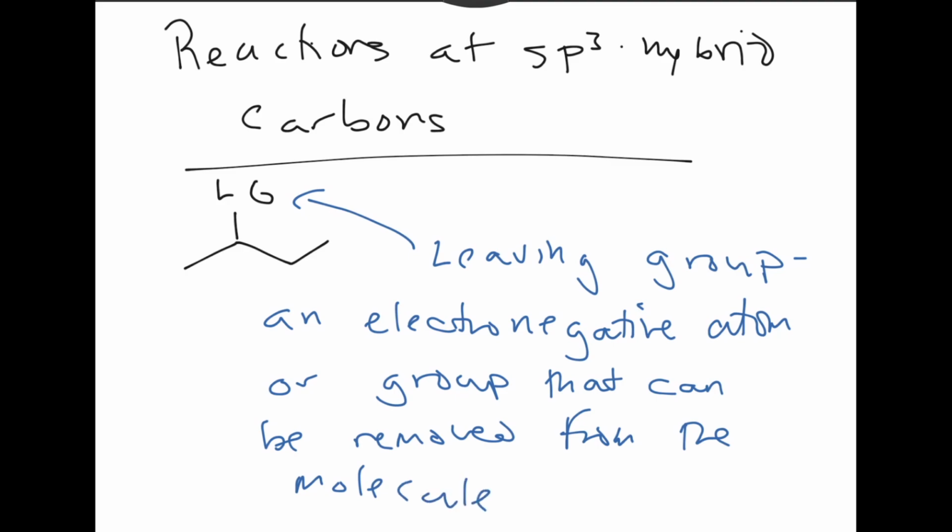So we're going to have some leaving group on our carbon, right? And a leaving group is an electronegative atom or group that can be removed from our molecule. It is a thing that is going to leave the molecule for the reaction to occur, right?